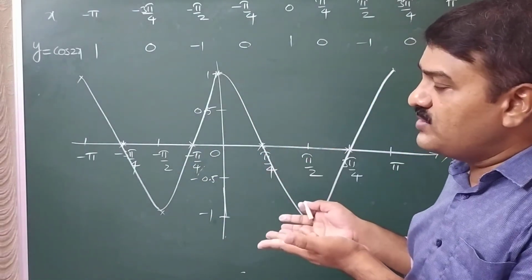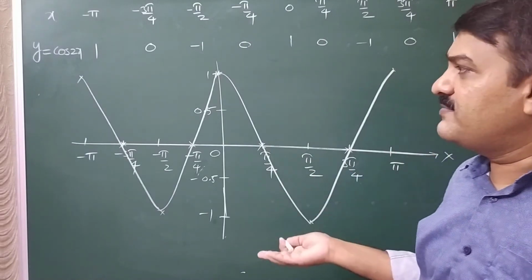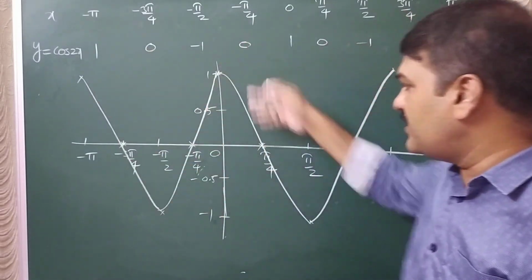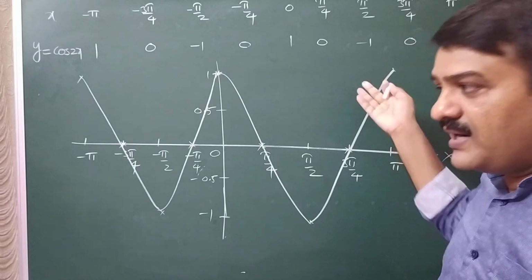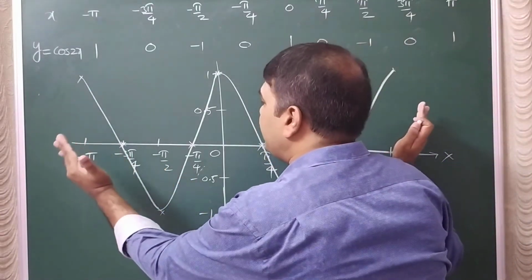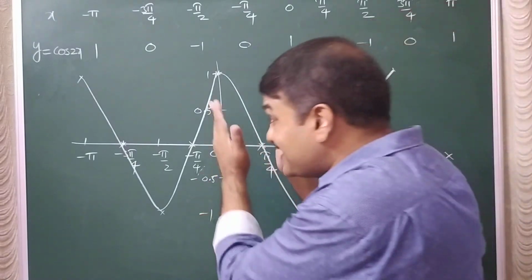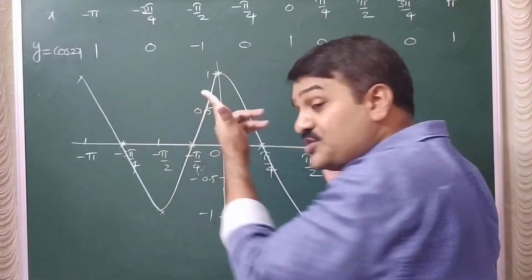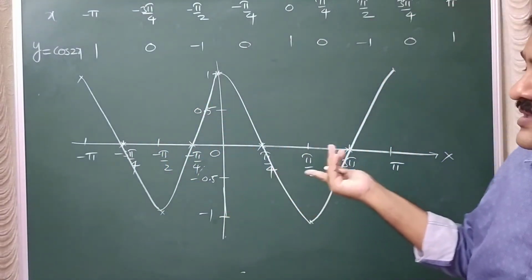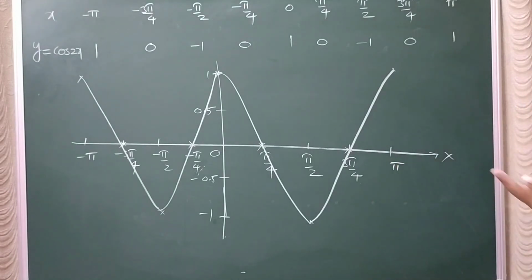But the graph is becoming a bit compact. If you take y is equal to cos x, the graph widens. The shape is the same only. So this is the graph of y is equal to cos 2x.